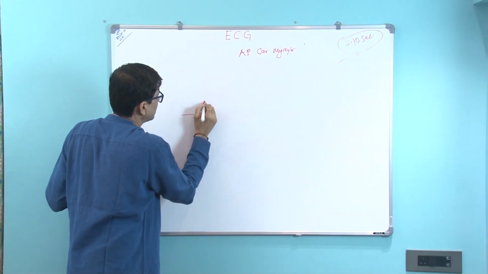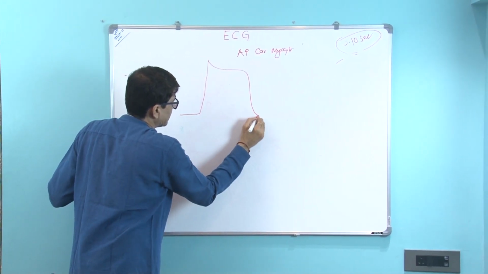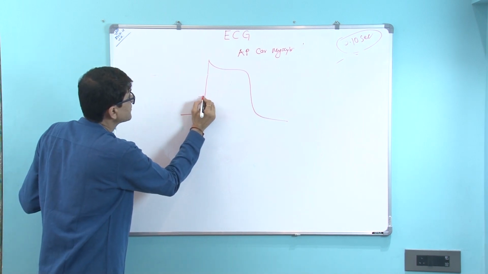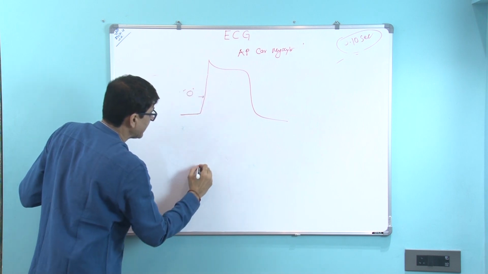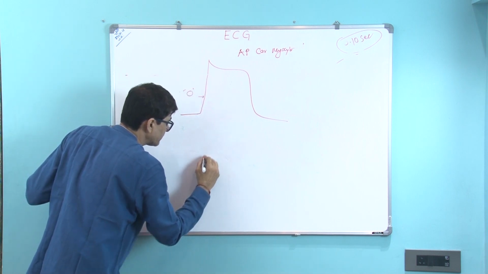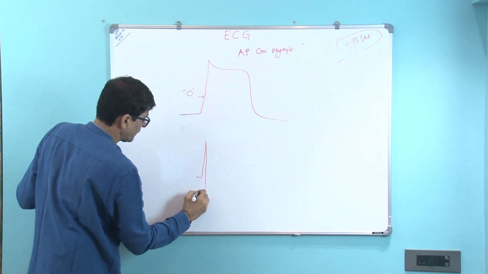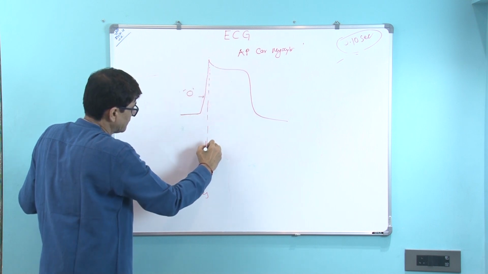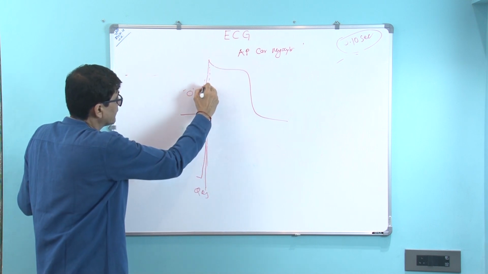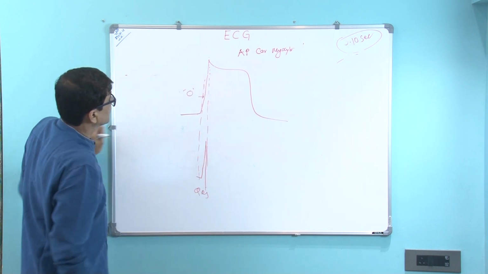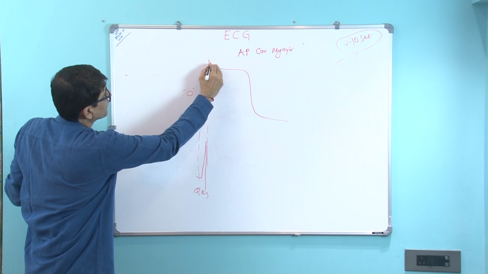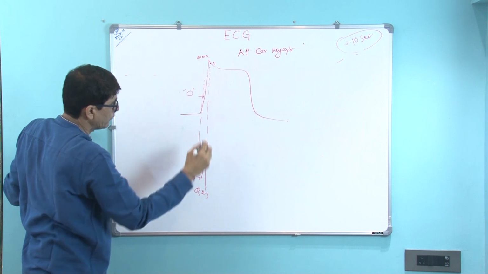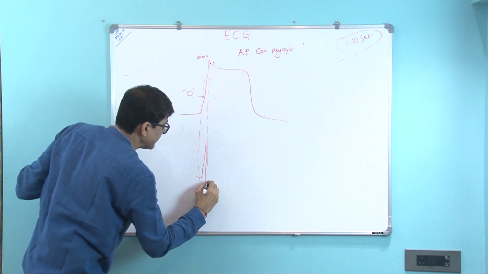When there is depolarization, little like this, this phase 0 coincides with the QRS complex. So if I draw like this, this plateau where the phase 1 is, this is 20 millivolt and this is 0 millivolt.